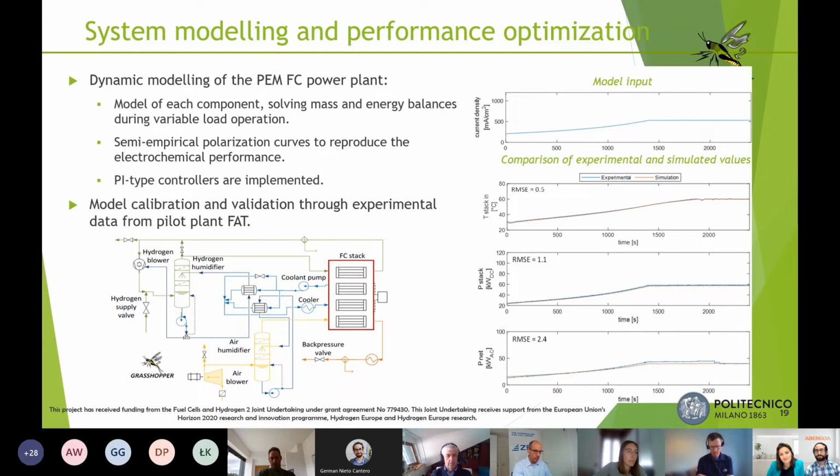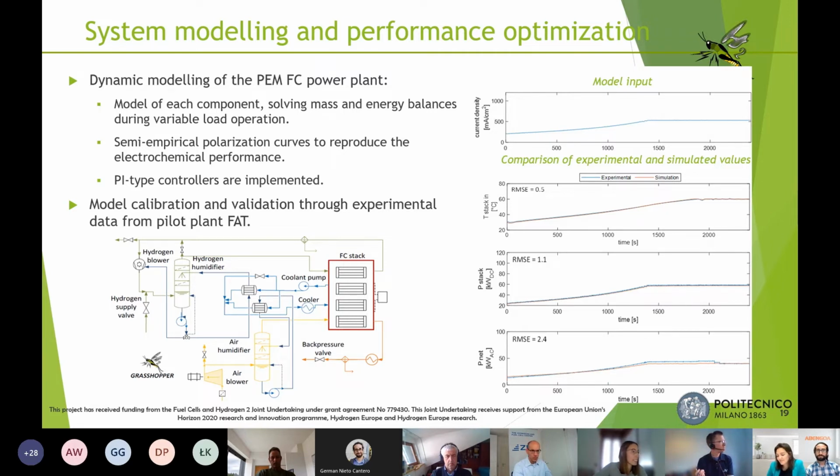For example, in the picture you can see an example of this type of comparison. And overall, the procedure showed that the model is able to reproduce with good accuracy the stationary and the dynamic behavior of the system components. So, for example, the model was used to help setting up the control system of the pilot plant.